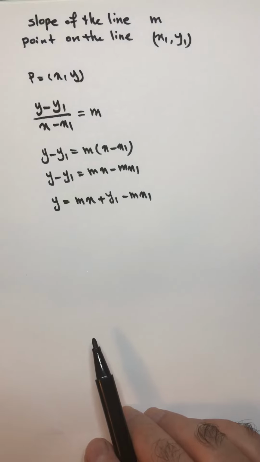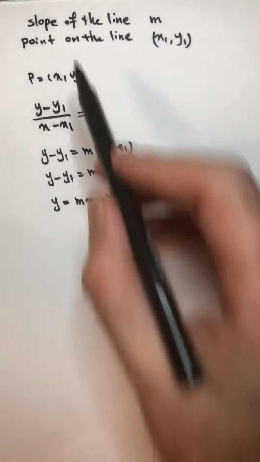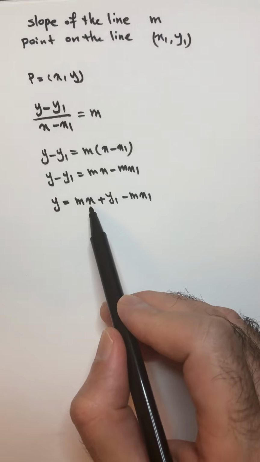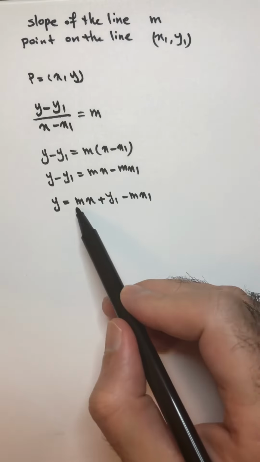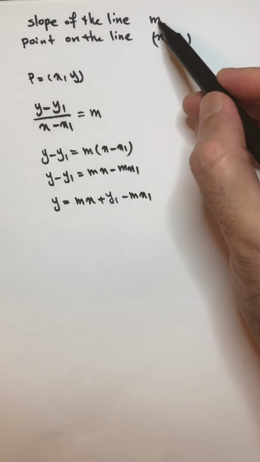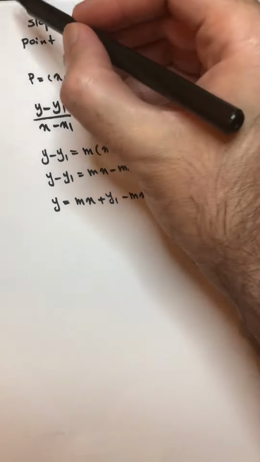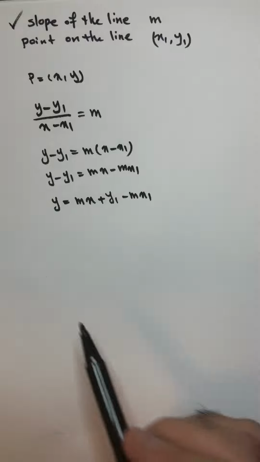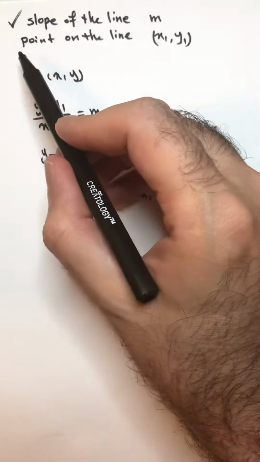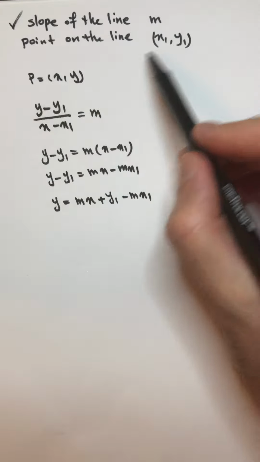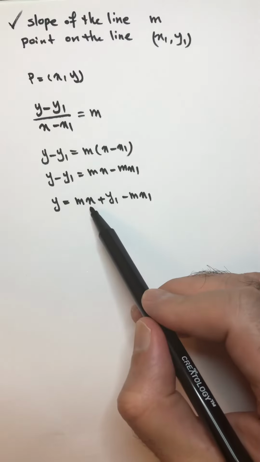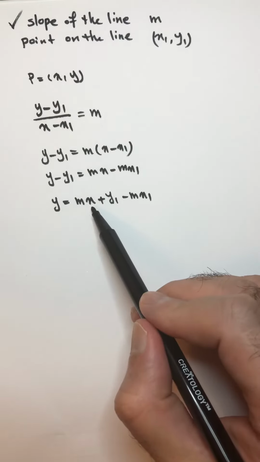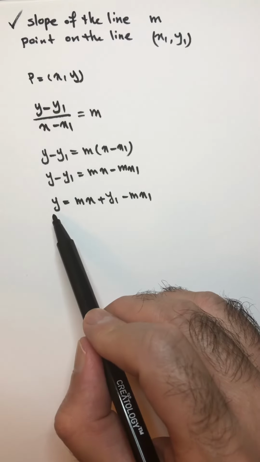So for the first one, for the slope of the line, we just need to look at the coefficient of x, which is m. So that is the slope of the line, and the given slope is m. So this is checked. The second one, to check that this point lies on this line, we need to insert x1 into this equation for x, and we have to get y1.